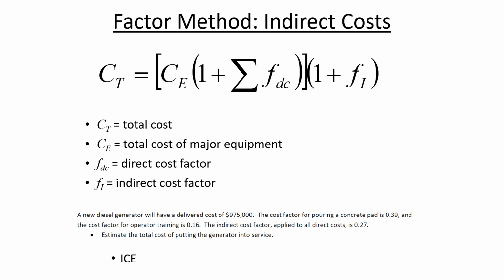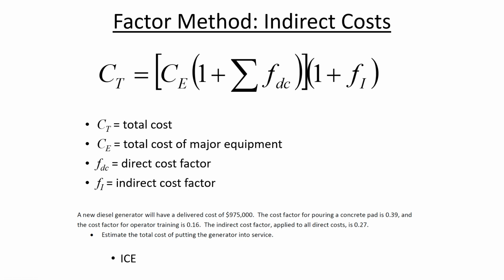For example, in the in-class exercise we've got, the direct cost of the diesel generator is just part of the overall expense for getting a backup power supply system for a building. It would include the backup diesel generator itself, the cost of a concrete pad, the cost of training for the item, and so some percentage of the major equipment cost is added as a direct cost factor, expressed as a decimal.